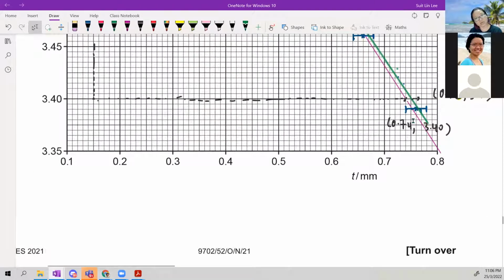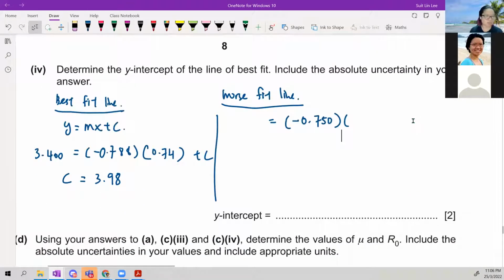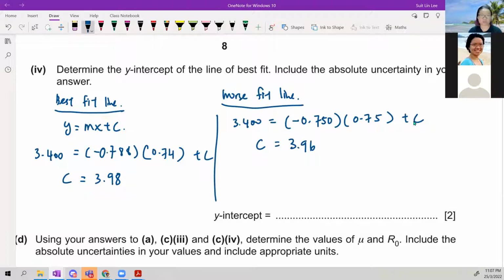So it's 3.400 equals negative 0.750 times 0.75 plus c. Okay. Now you know why I use common numbers, easier to press calculator. It's just a skill that I developed from doing a lot of questions through the years as a student. Now as a lecturer, if I'm teaching your class tuition face-to-face, I'll just let you do the calculation.